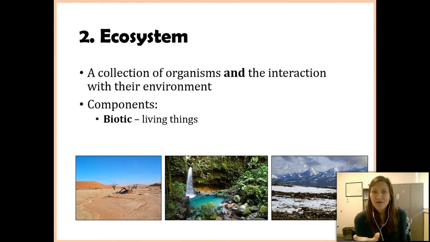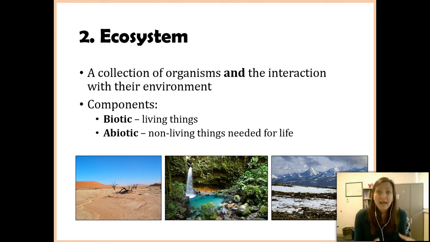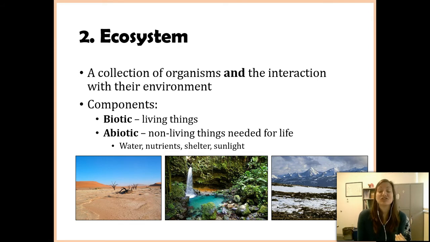But we also have this interaction with the environment. That portion of an ecosystem is considered abiotic. These are things that are needed for life, but they're not living. So, for example, water. Water is essential for life, but water isn't alive. But we still care.